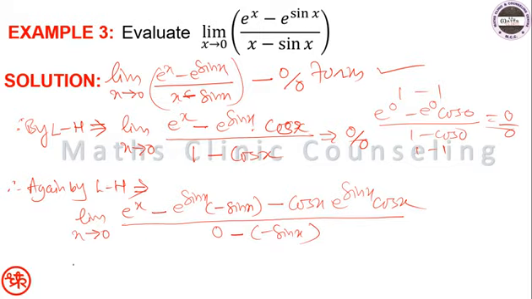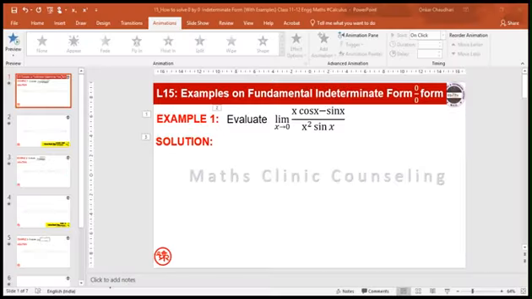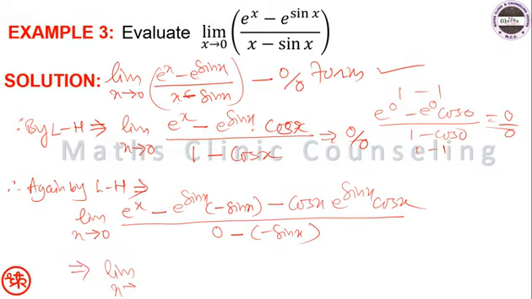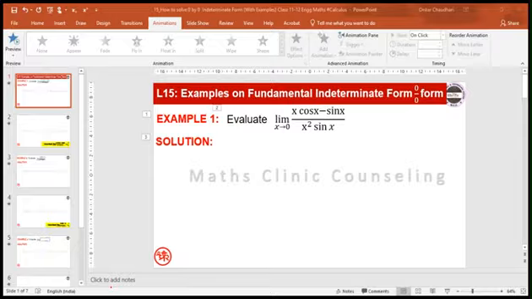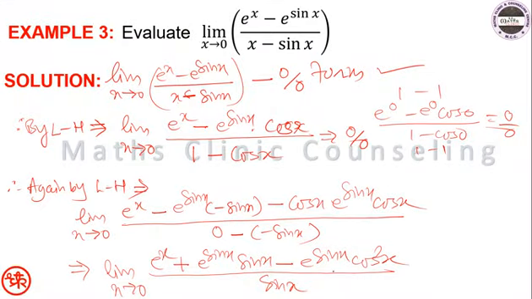Okay, so this implies limit x tends to 0, e to the power x plus e to the power sin x into sin x, minus e to the power sin x into cos square x, and this is divided by plus sin x.